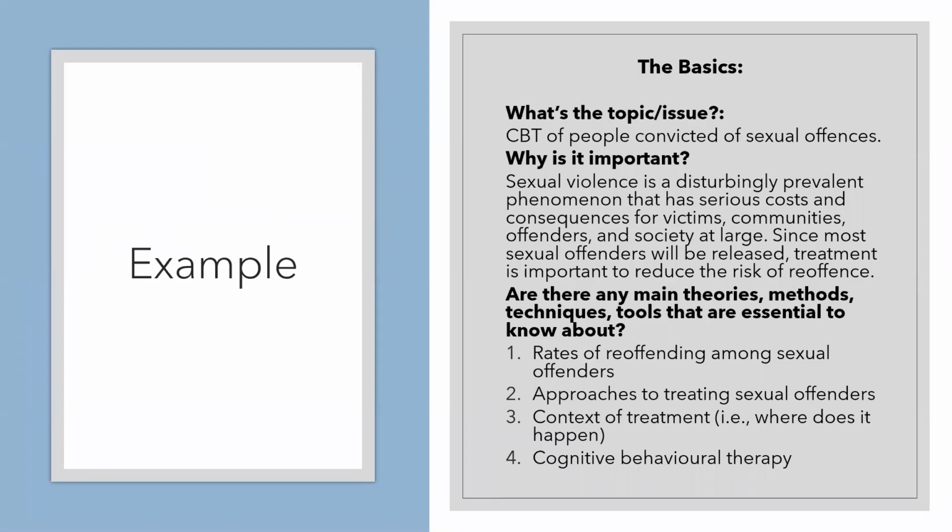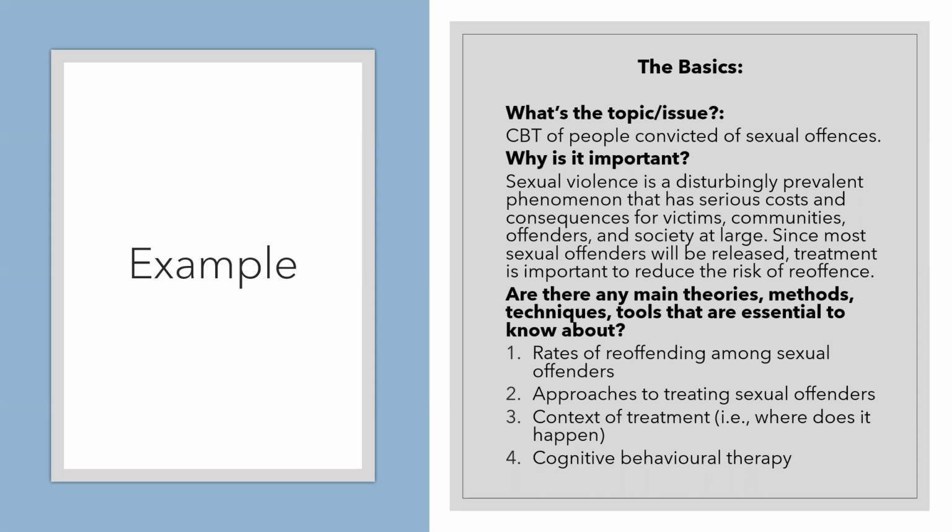So after some time spent with the literature, here's what I find. What's my topic and issue? It's CBT of people convicted of sexual offenses. Why is it important? Sexual violence is a disturbingly prevalent phenomenon that has serious costs and consequences for victims, communities, offenders, and society at large. Since most sexual offenders will be released, treatment is important to reduce the risk of reoffense.